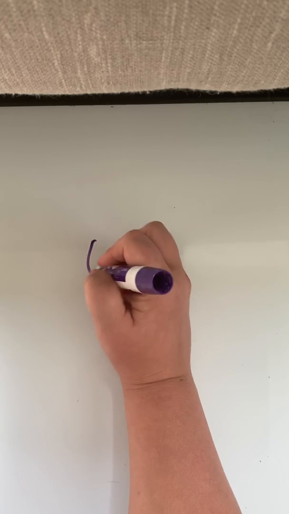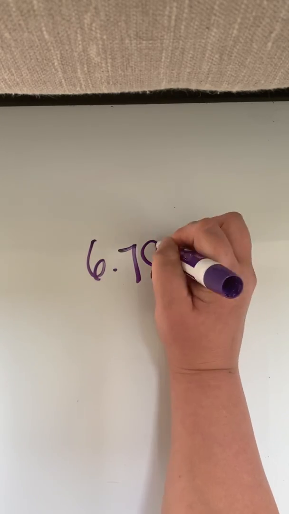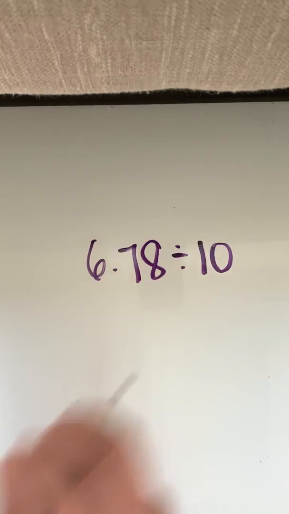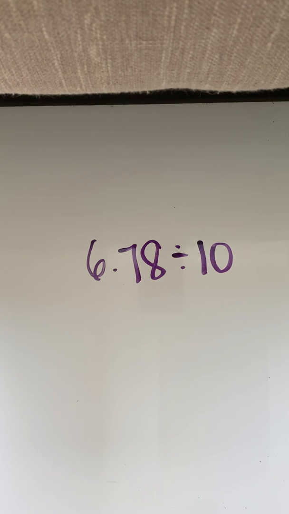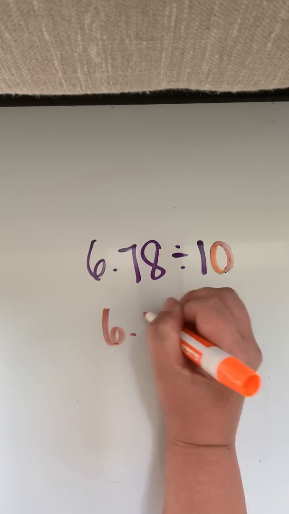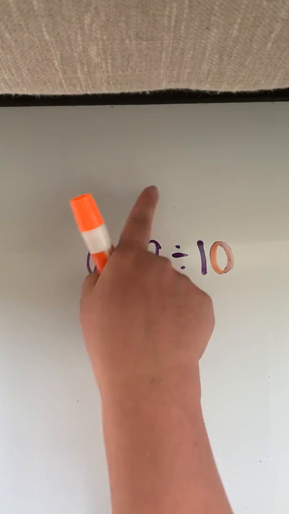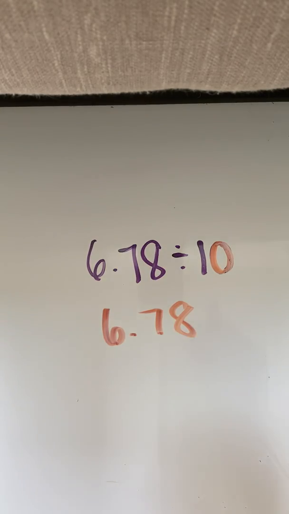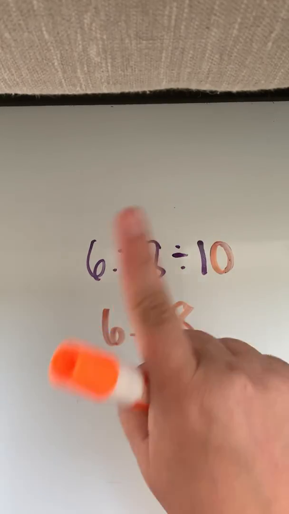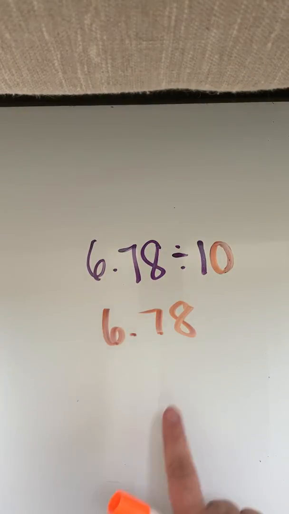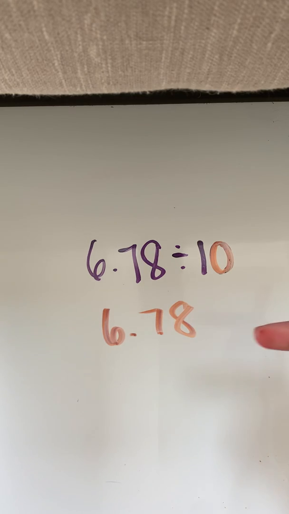Excellent. So we have 6.78 divided by 10 here. And Jonah, how many zeros do I have? Absolutely, I just have 1. So I'm going to rewrite my decimal here, and I don't even need my cheat sheet up here because I already know as a 4th and 5th grader of Miss Cantrell's that if I am dividing, I am going to be moving to my left.